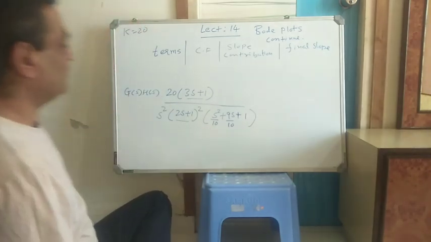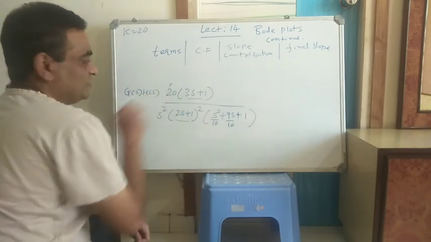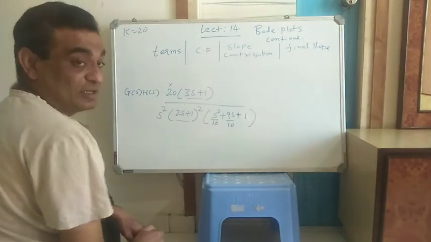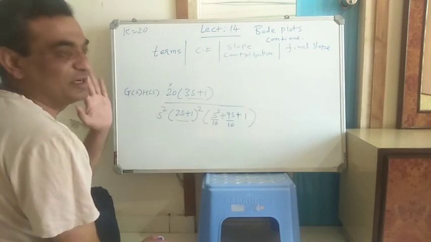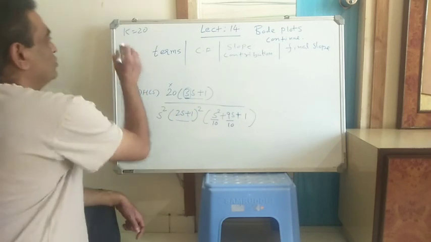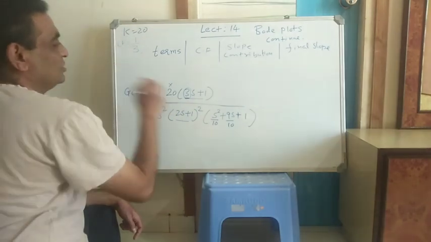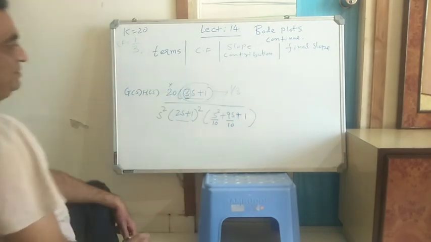For the term k, there is no corner frequency. For 3s plus 1, it is tau s plus 1, so the corner frequency for a first order term is 1 by tau. Tau is 3, so the corner frequency is 1 by 3.